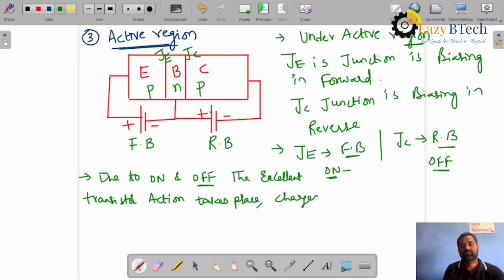Charges from emitter to collector reaches.